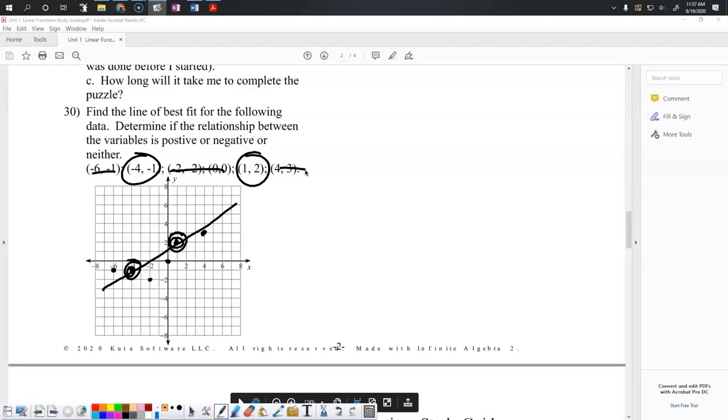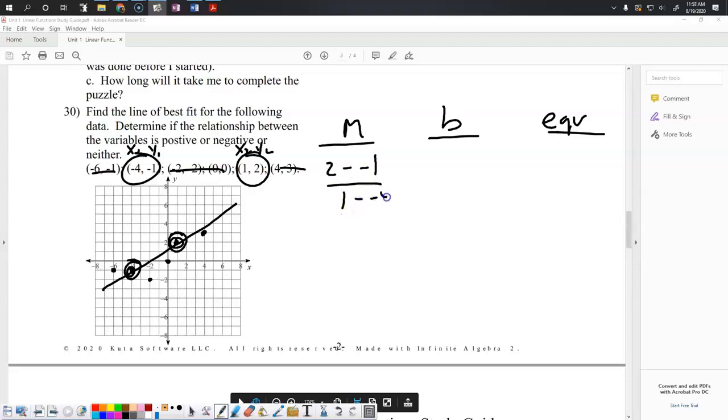So what I would do is I would say, this is x1, y1, x2, y2, and then I would find my slope, my b, and equation. Okay, so y2 minus y1 over x2 minus x1. Double negatives become positive, so I end up with 3/5 for my slope.